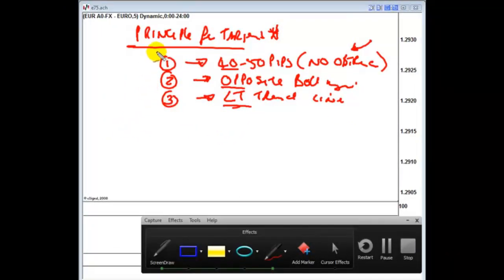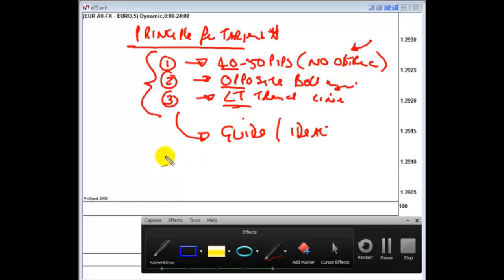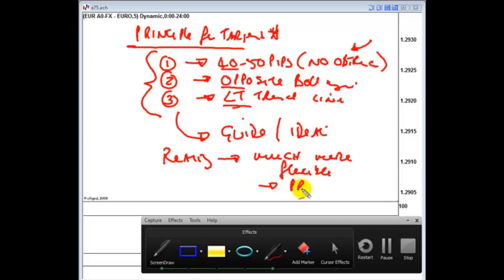Now, all of these targets here are simply a guide or an ideal. In reality, while we're trading, our targets will be much more flexible, and will be based on price action.